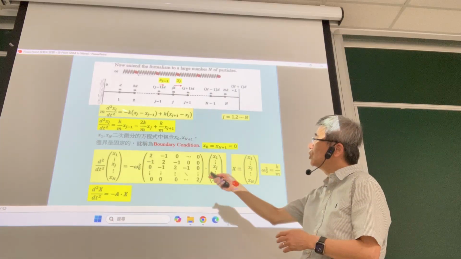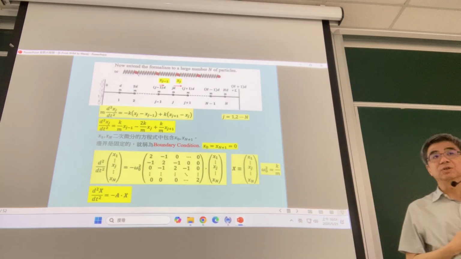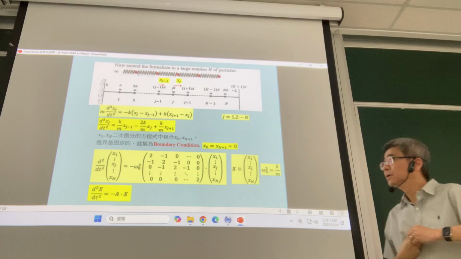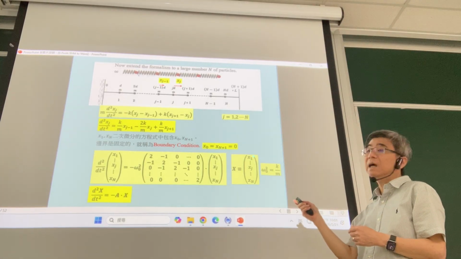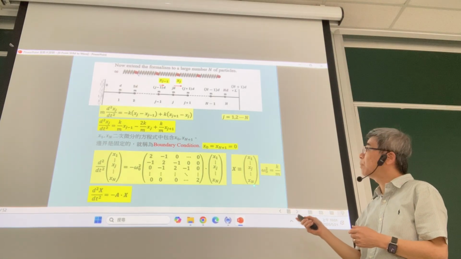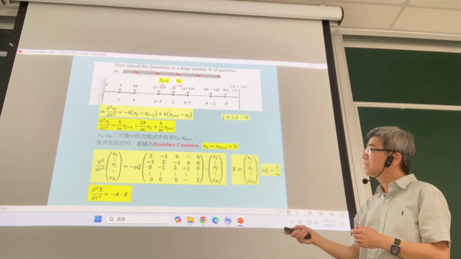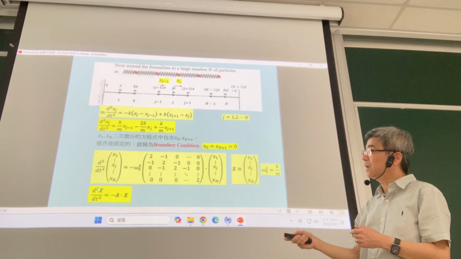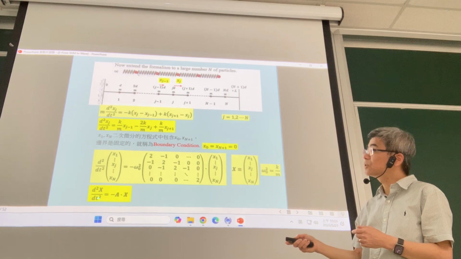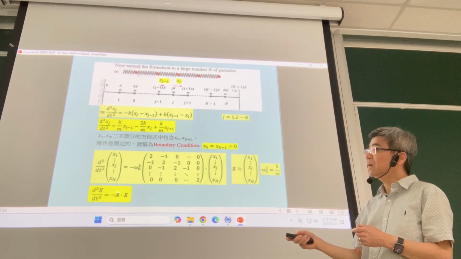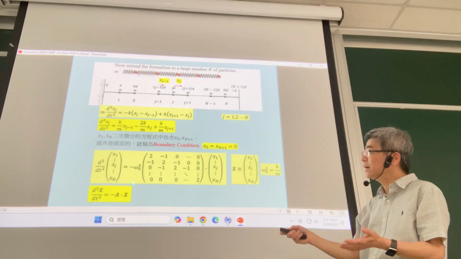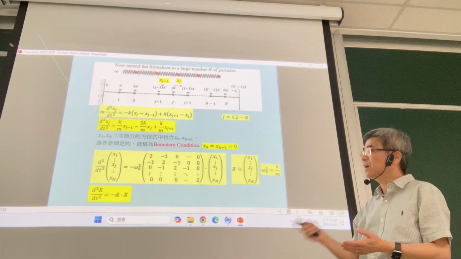Then this equation can be put into a matrix notation. Again, I can collect all the displacements of the particles into a column vector like this, and the equation will be written as d²x/dt² equals minus an n by n matrix times x.